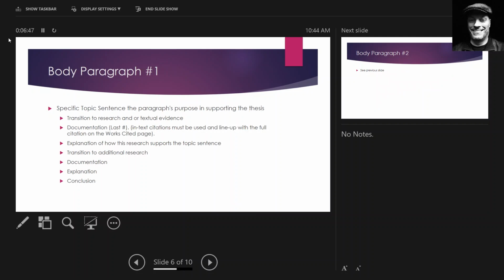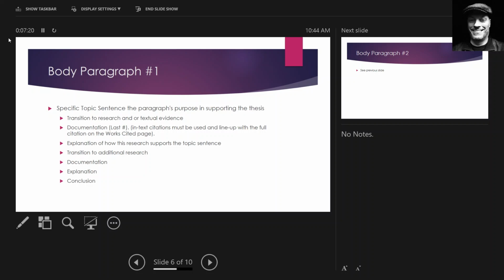From then you'll move to body paragraph 1, and all body paragraphs, by the way, are the same. You'll include a specific topic sentence that states the paragraph's purpose in supporting the thesis. So for instance, you could say in Thanatopsis, William Cullen Bryant exhibits a characteristic of Romanticism when he emphasizes nature in his poem. That's a great topic sentence, and then you're going to transition into research, which might include textual evidence or outside research.